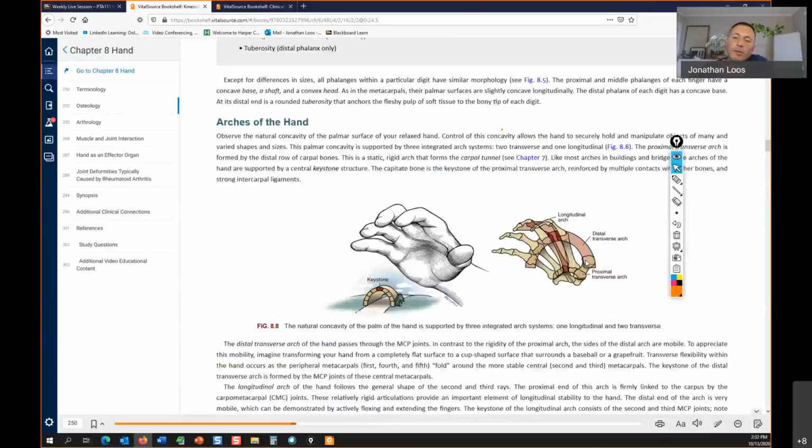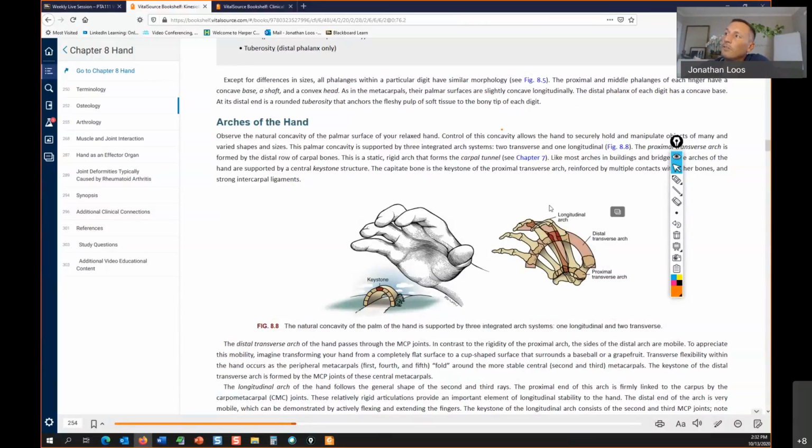So here are the arches. The arch is not so important in the hand because we're non-load bearing. It was really important in the leg, so when we start talking about the foot, we'll spend a lot of time on the arches. For the arches, just understand that there's an arch-like structure within the hand, and if you needed to, you could put your hand down on the ground and it can support weight.